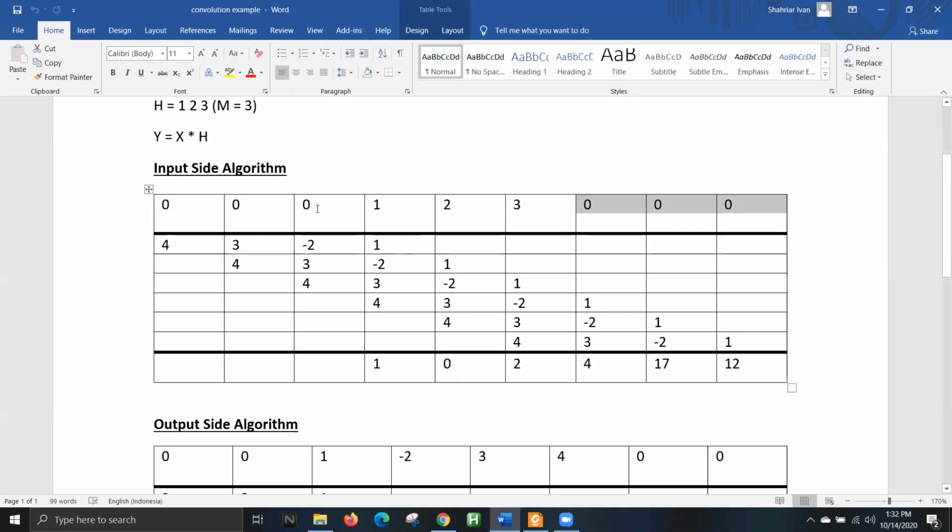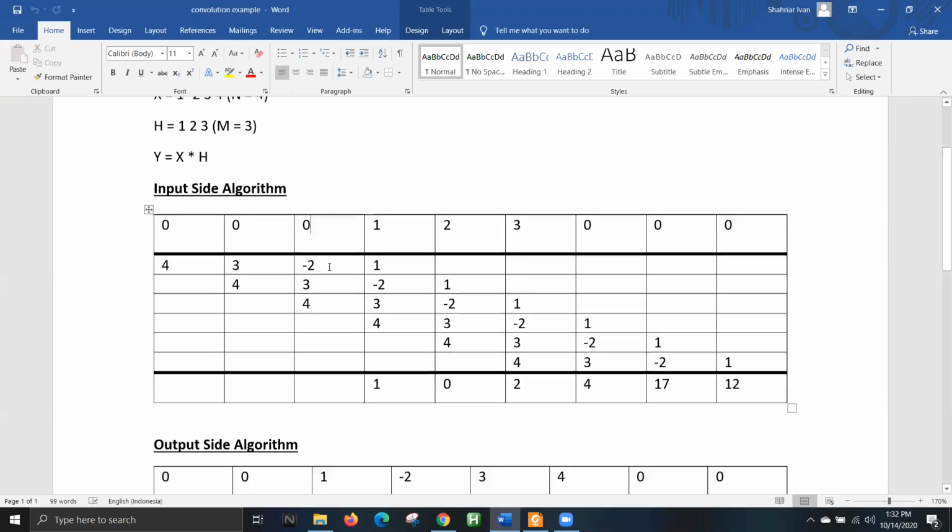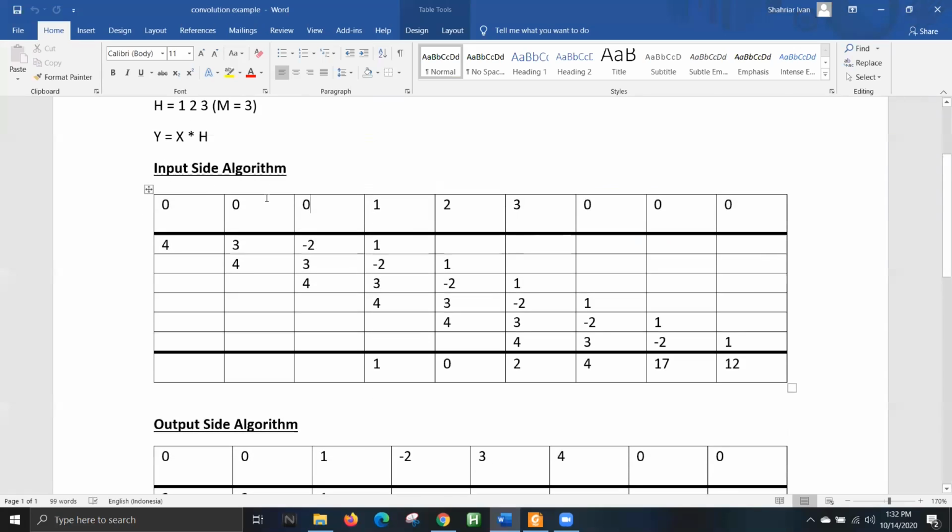Now the question is, how many zeros do we have to pad? How do you know how to pad? What will your padding criteria be? It depends on which algorithm you're following. If you're following the input side algorithm, you'll have to pad exactly n minus 1 zeros. Here n is the number of points in the input signal, which is 4.